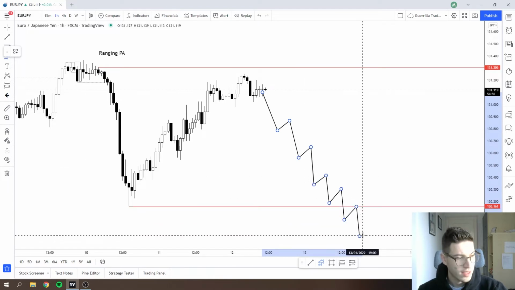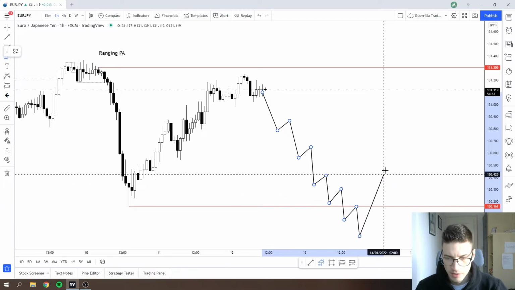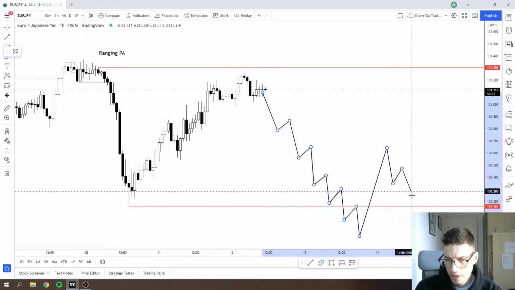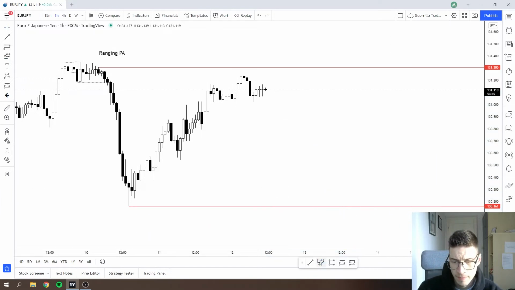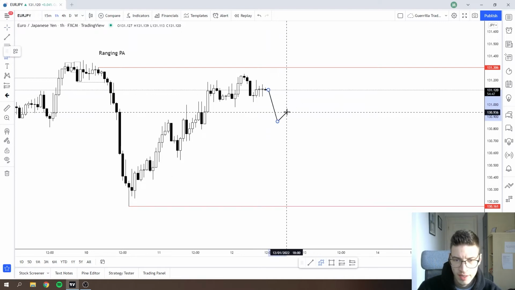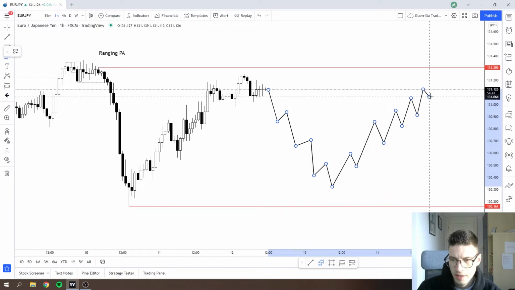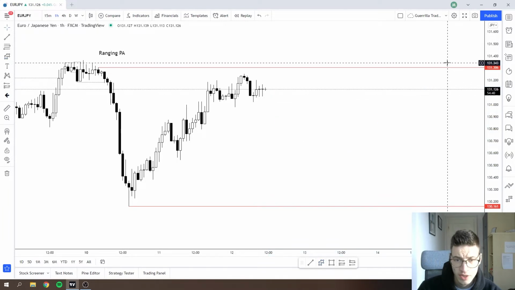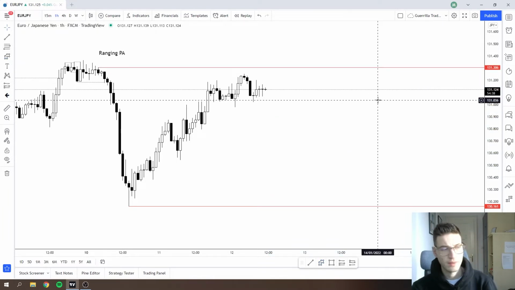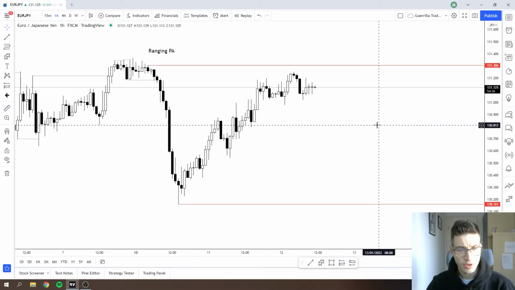And if it's a clean descending structure, I will definitely consider looking at a long trade, so something like this. But I know that we can just get a descending and then get an ascending and continue with the ranging price action. So definitely something to keep in mind. So yeah, that's it for the euro pairs.